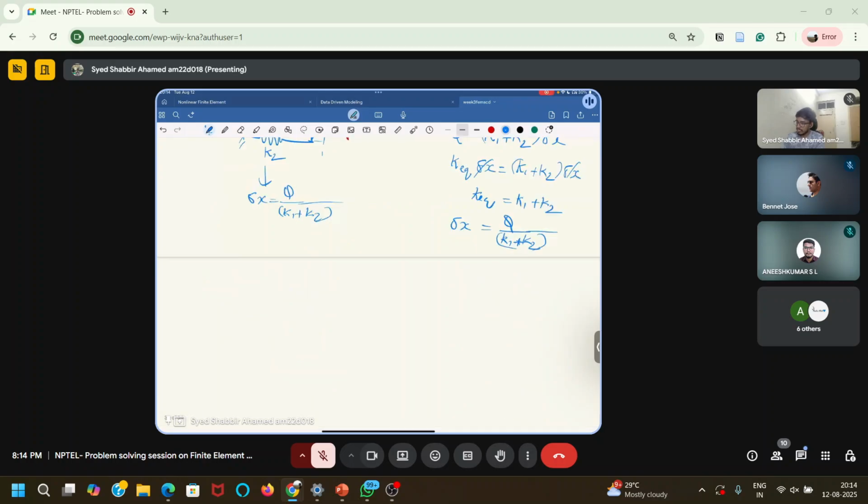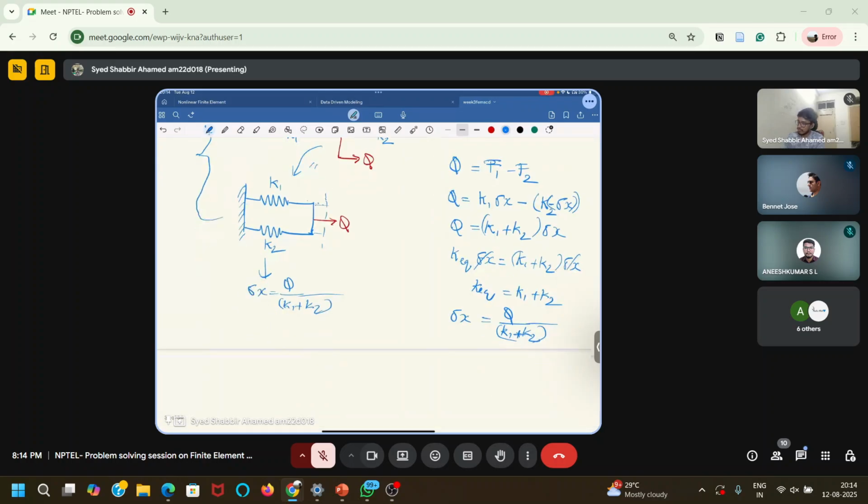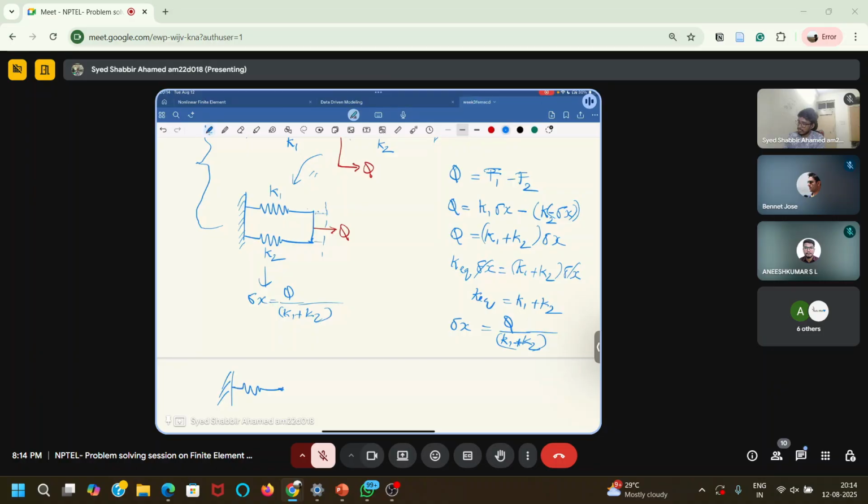But instead of this, let's say I have two springs connected like this, k1 and k2, and I have a force applied here, not at the middle point.